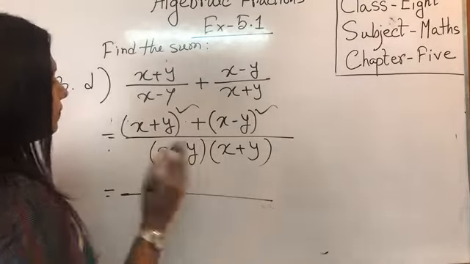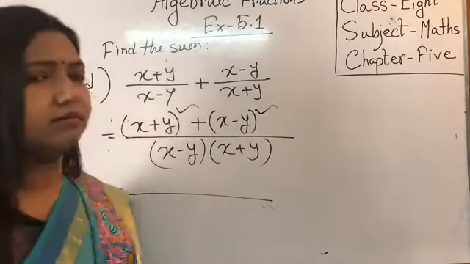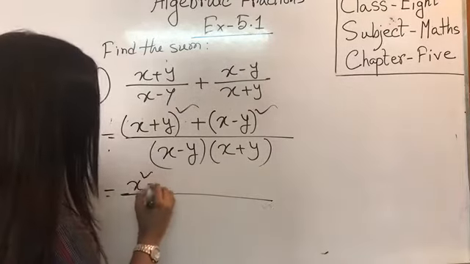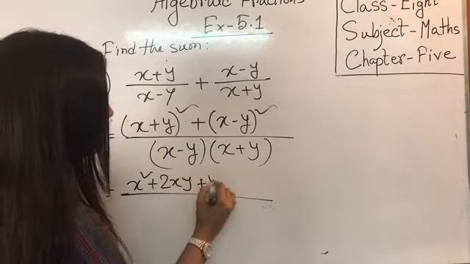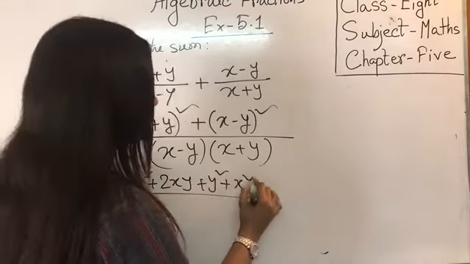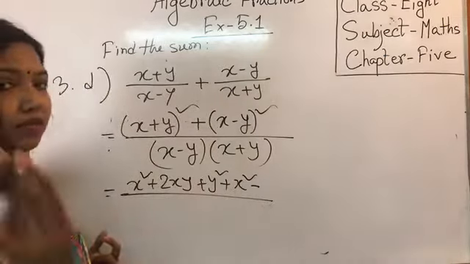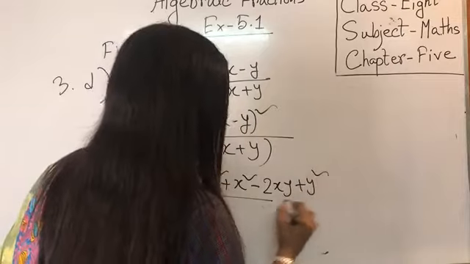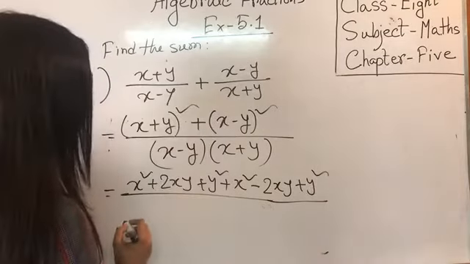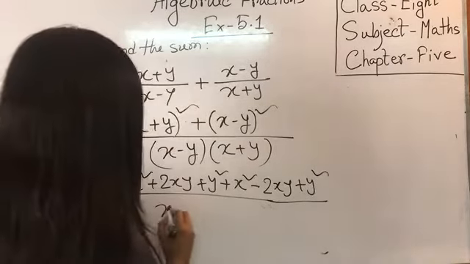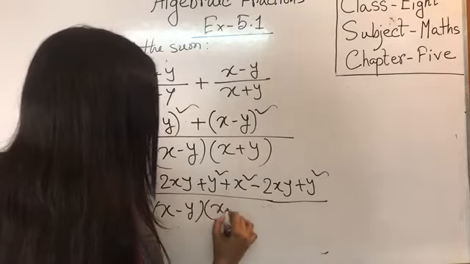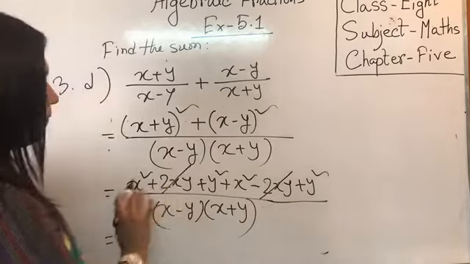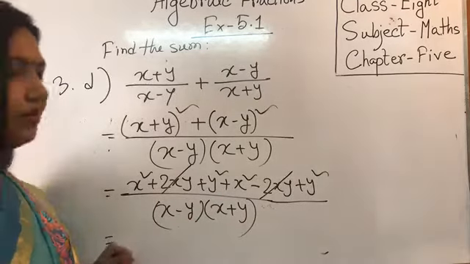Now the (a plus b) whole square formula has already formed. So I write x square plus 2xy plus y square, and plus x square minus 2xy plus y square, from the (x minus y) whole square formula. In the denominator, the 2xy plus and minus 2xy cancel, so you can reduce them.